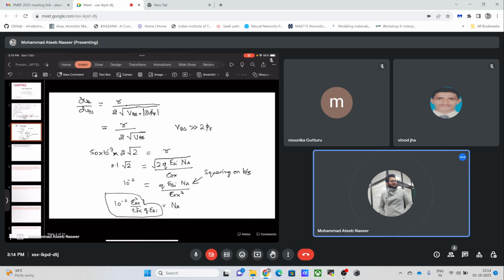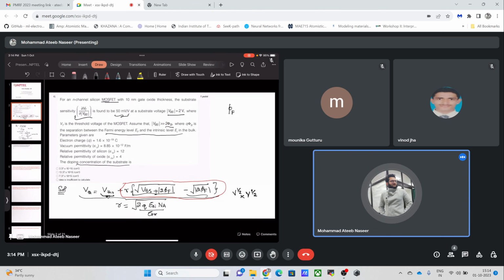Now let's look into these values. It is 10 to the power of minus 2. Epsilon ox is 4 times 8.85 into 10 to the power of minus 14 farad per centimeter.